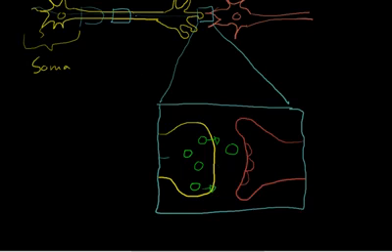The electricity happens very quickly, and then this little chemical process happens very quickly also. So let's say this one gets all the way over here and excites this receptor. So now this receptor is excited, and the signal can pass on down this neuron, to wherever it's going.